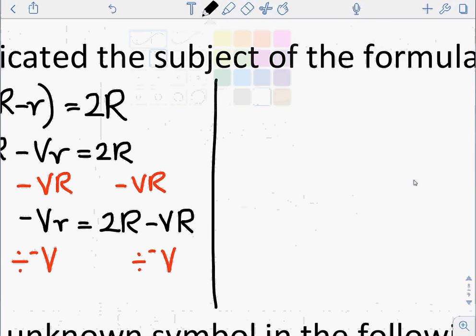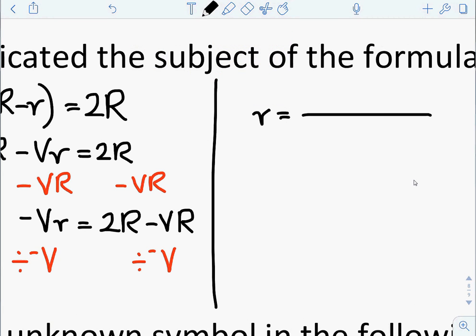I'm left with lowercase r by itself and a fraction of 2 uppercase R minus V uppercase R divided by negative V.